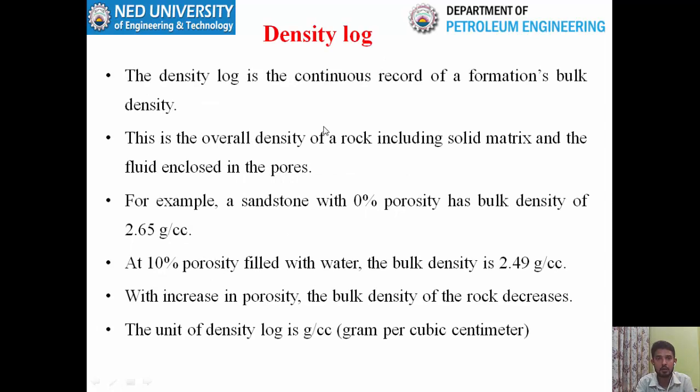Density log. Obviously, in density log we measure the formation's bulk density. Formation bulk density is the overall density of a rock, including the solid matrix and the fluid enclosed in the pores.